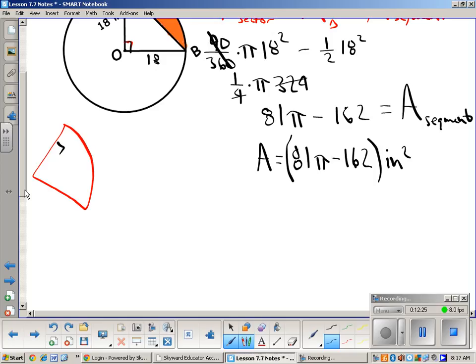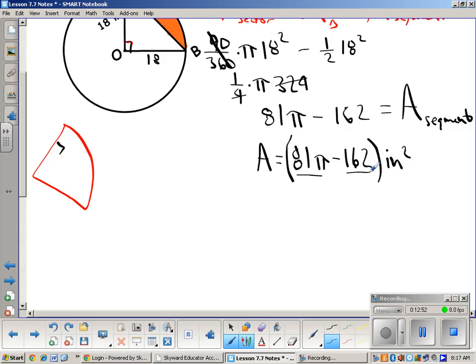If they say leave it in simplest radical form, well, in this one we don't have any radicals, but in the next one you might. But the point is, these are not like terms, so I cannot subtract them the way they are right now. And if I had a radical in there, I wouldn't be able to subtract the radical from a pi either. So you'll have to look at what you have and then answer appropriately to the question.